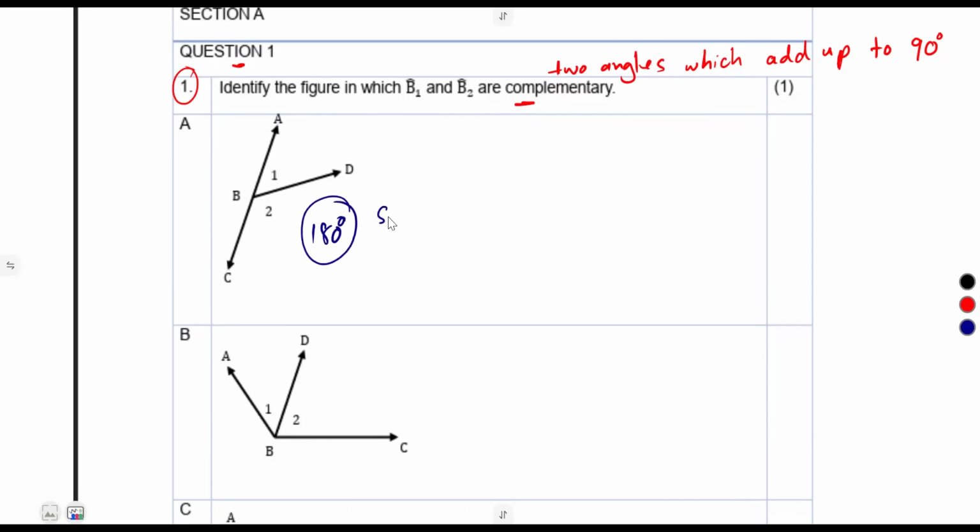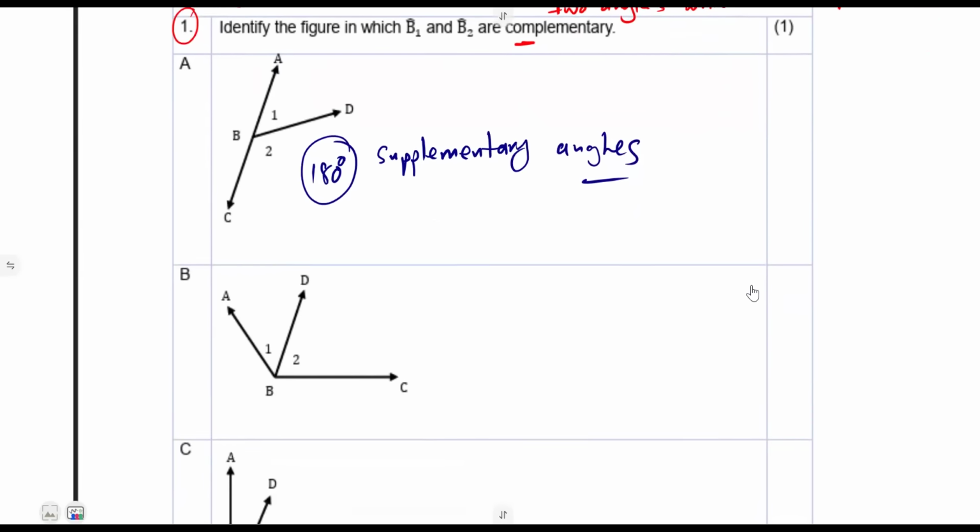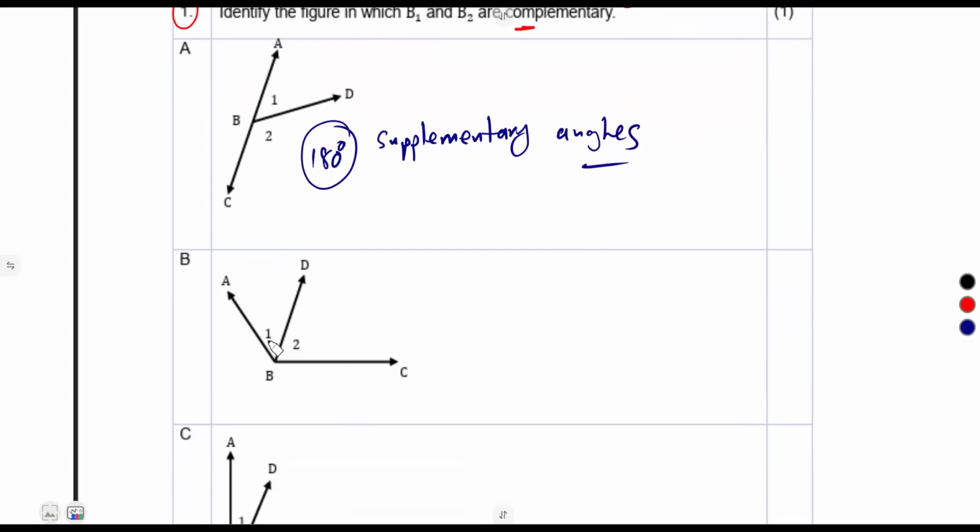Those are supplementary, so there is nothing about complementary there. Then for B, B1 and B2 do not form 180, they do not form 90, we do not have a straight line. They are just two angles which are adjacent to each other. We cannot say anything about this.